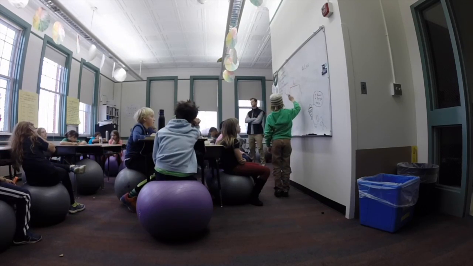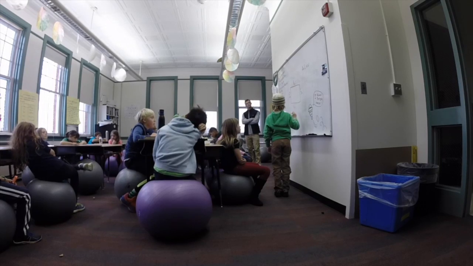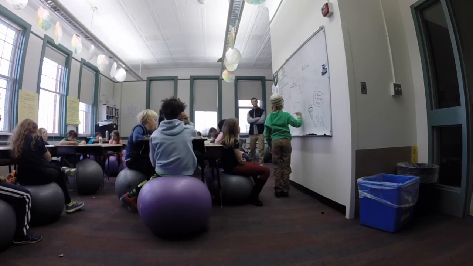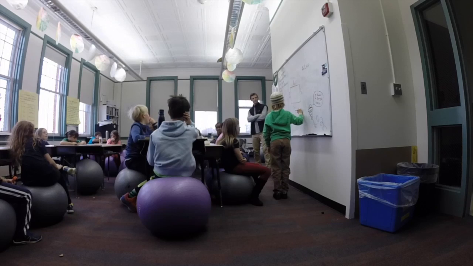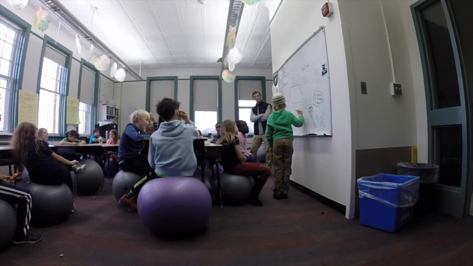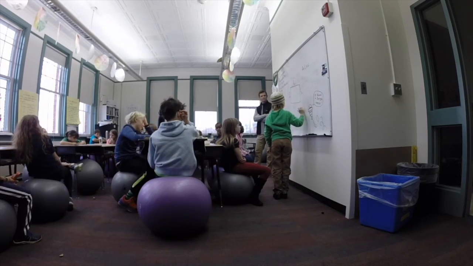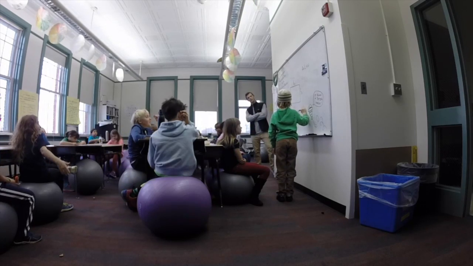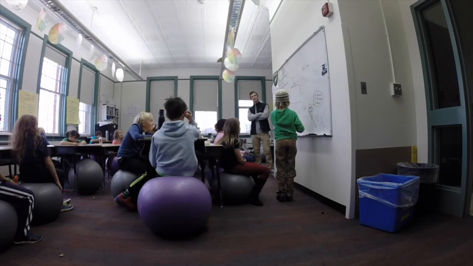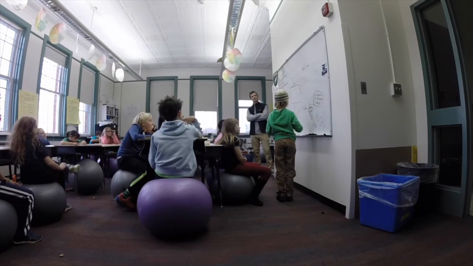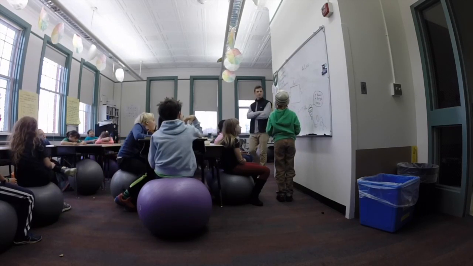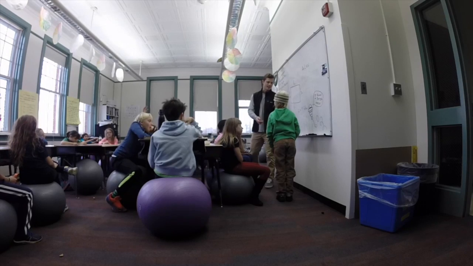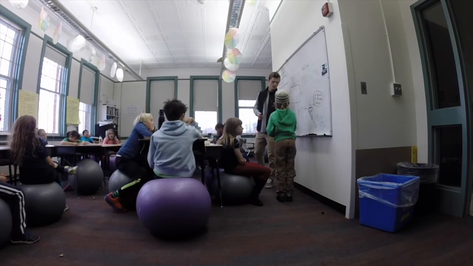We know 6 plus 6 is 12, and 5 plus 5 is 10, which equals a grand total of 22. 22 what, Sam? 22 inches. Good. 22 inches equals P.